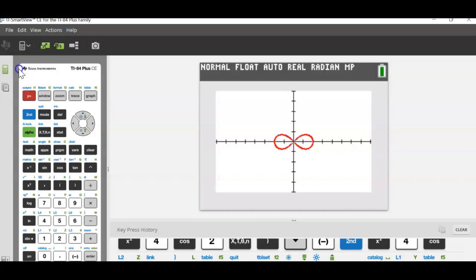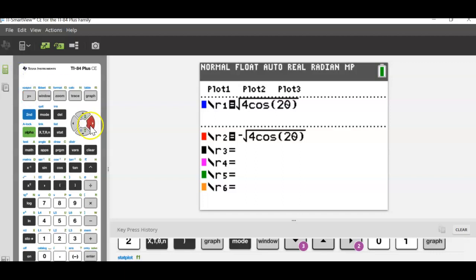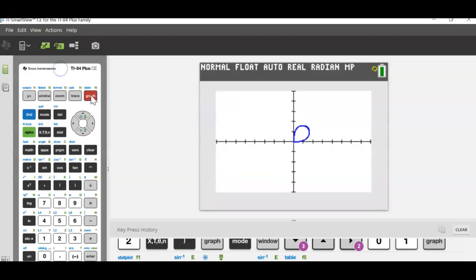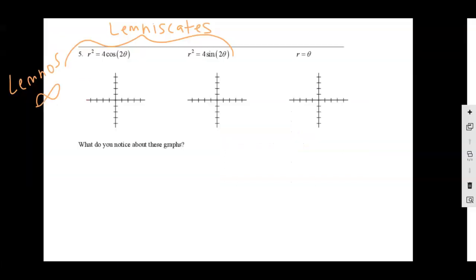And then if instead of the cosines I had sine, and then the sine, it's just going to be diagonal instead of horizontal. Again, the theta step is going to fill in the gaps. These don't have any weird holes. These lemniscates tell me how far it's going to go.